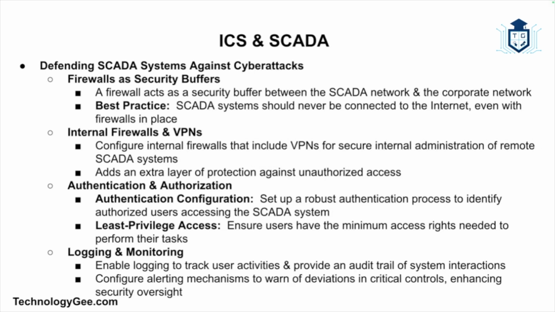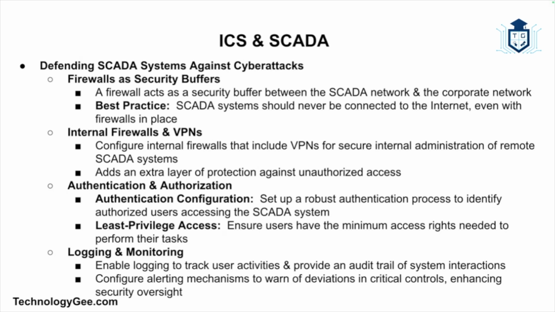To defend against cyber attacks, a firewall can act as a security buffer between a SCADA network and a corporate network. SCADA systems should never be connected to the internet, even with firewalls in place. You should configure internal firewalls that include VPNs for internal administration of remote SCADA systems as an added layer of protection.